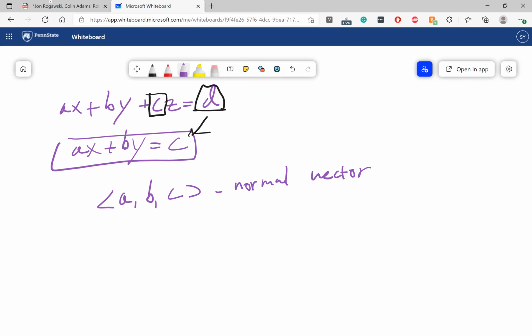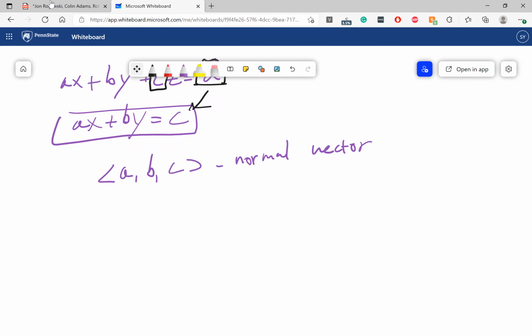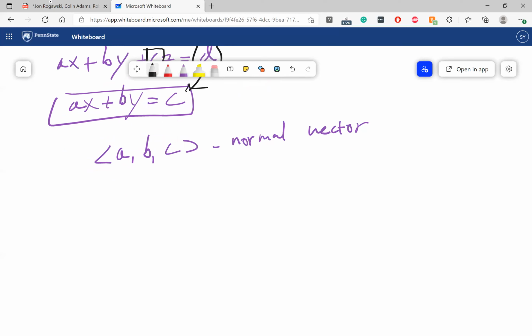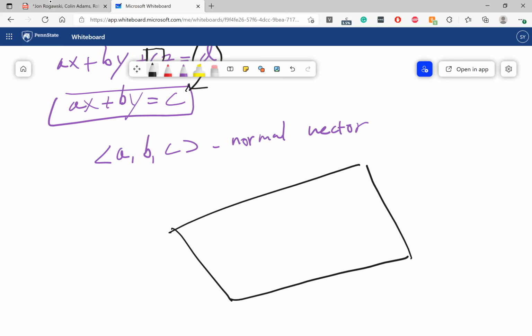And what that means is, if this is our plane, and it's characterized by the equation, the set of all points x, y, and z, such that ax plus by plus cz is equal to d, then you can think about a vector pointing directly out of this plane, orthogonal or perpendicular or normal.